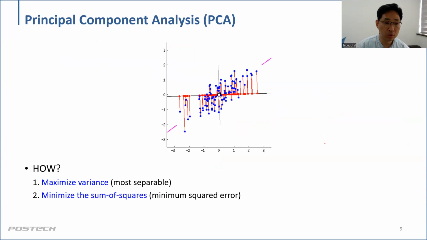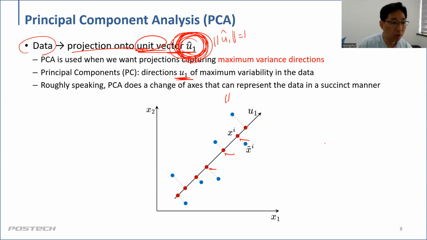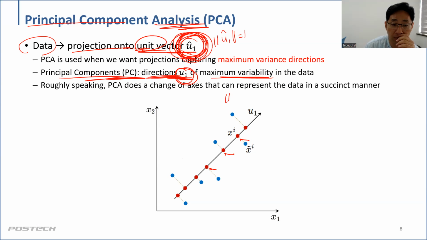All right, let's move on. The name is principal component analysis, and u1 is a principal component. It is the direction of u that maximizes the variability or variance in the data set.